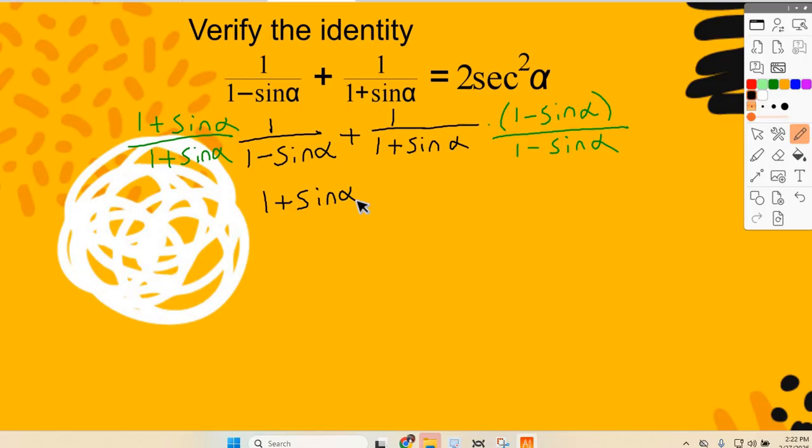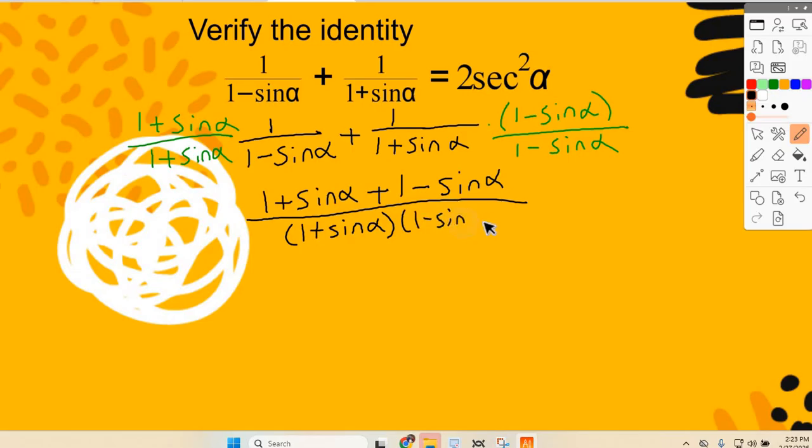Yes? And then we're adding. And then on that one, I'm just going to have a 1 minus sine of alpha all over our common denominator, which is 1 plus sine of alpha times 1 minus sine of alpha. So we've done our addition for this part of that.